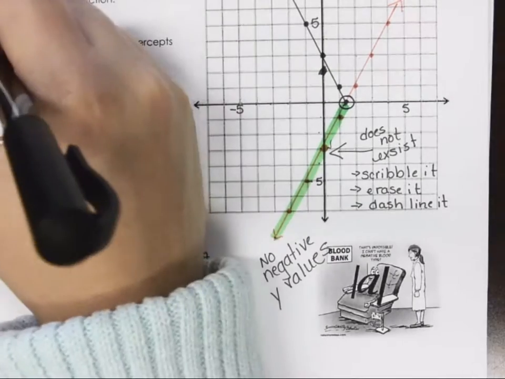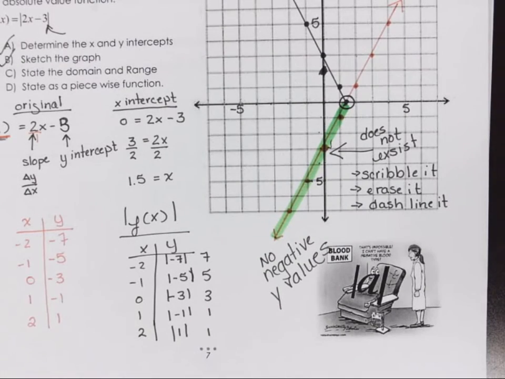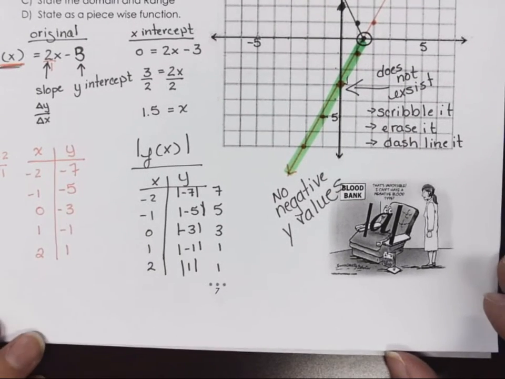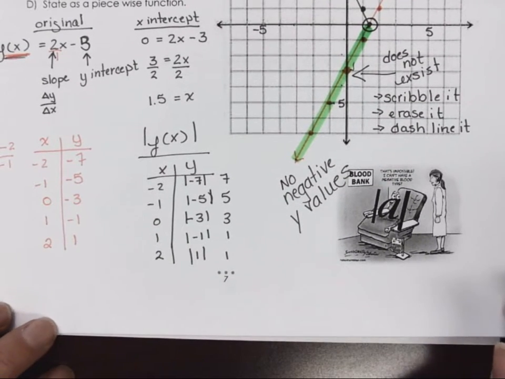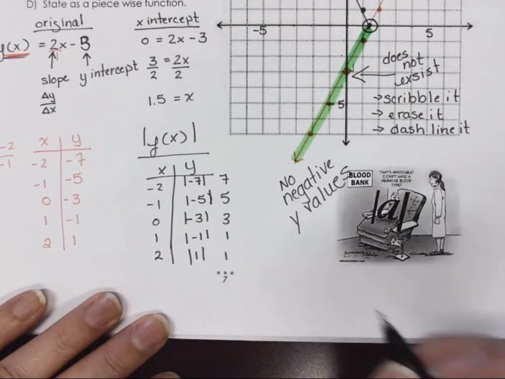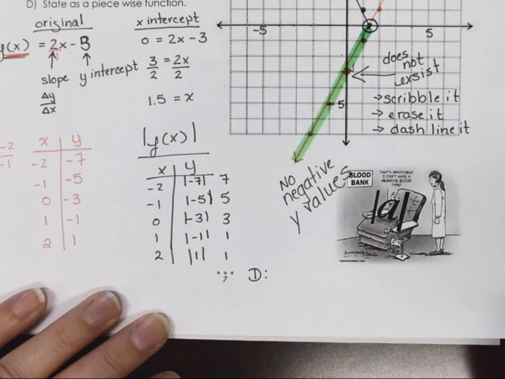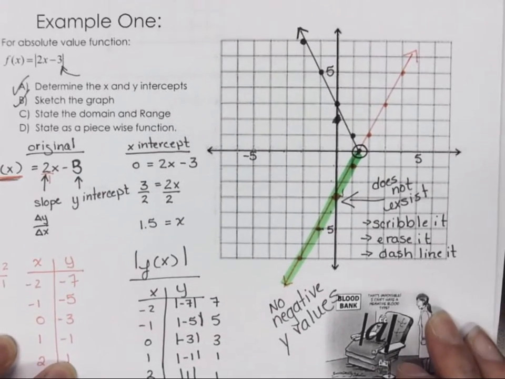Okay, so we did this and we did that. Part C. Let's talk about domain. Domain of your absolute value graph.